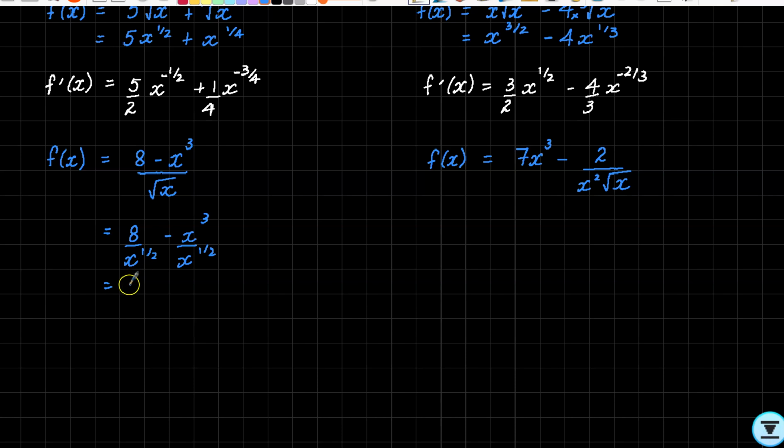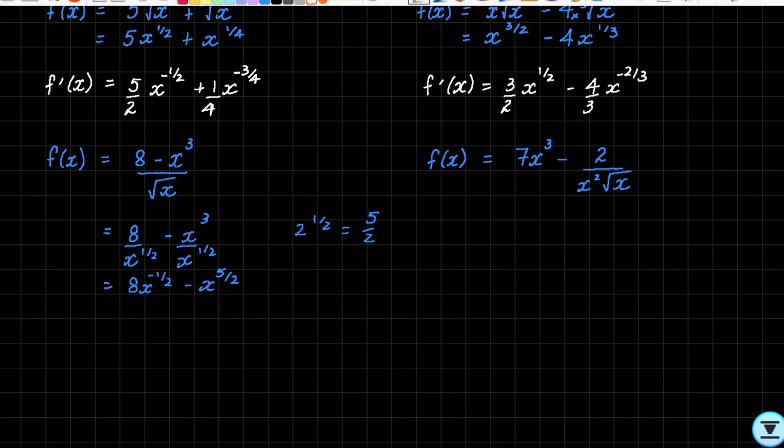Right, pop that upstairs, minus a half, minus, dividing by the same base, so we take away, so 3 take a half is 2.5, but it makes our life easy when we're differentiating if we can write this as a top-heavy fraction. So 2 times 2 is 4 plus 1, so 5 over 2.